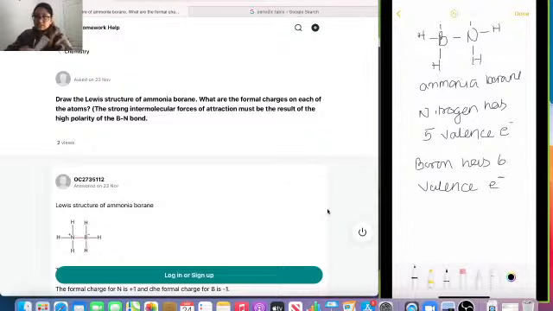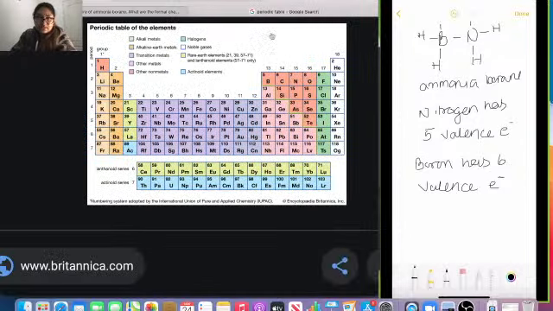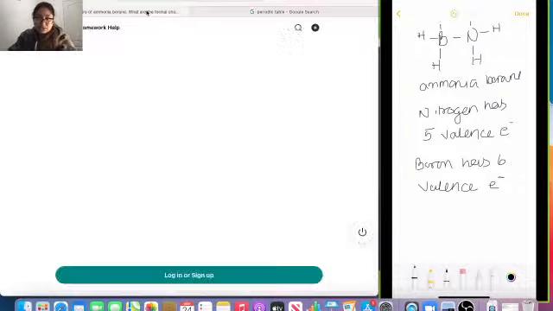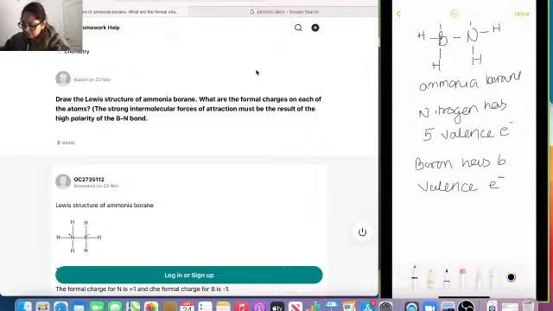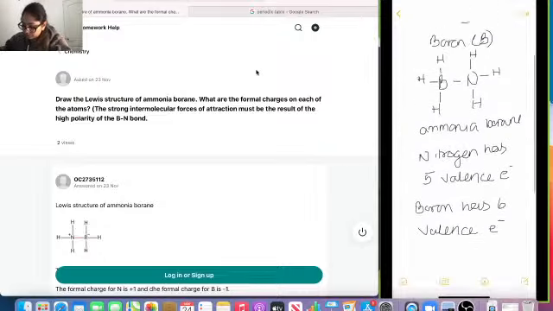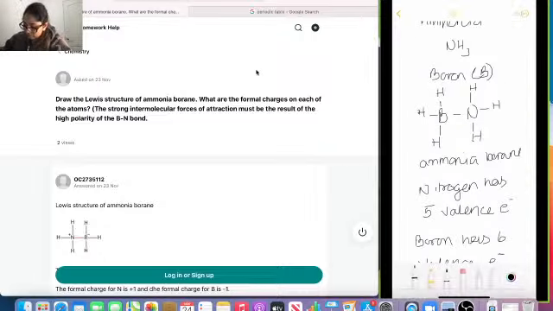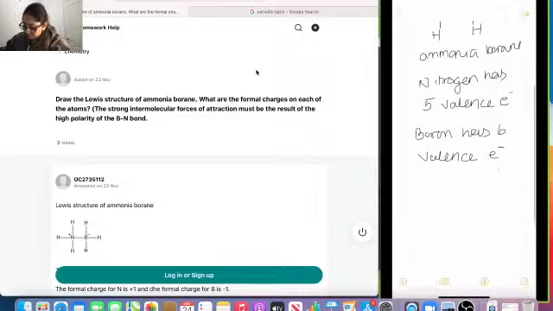Okay, so if we find boron, it is a non-metal, of course. Same goes for nitrogen, and so this attraction here would be polar covalent.